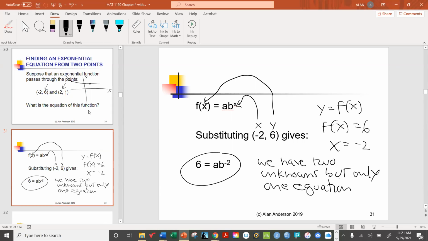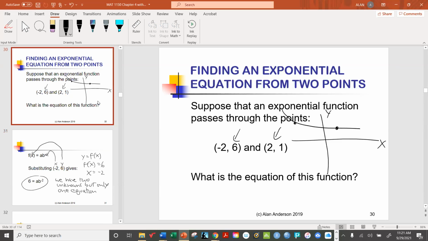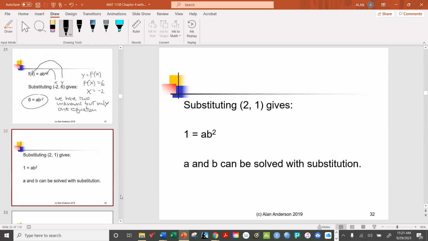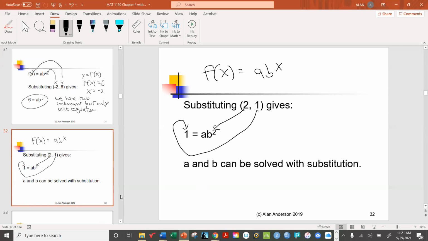We have to find our second point and do the exact same thing. So this time, we will replace the x with 2 and f of x or y with 1.